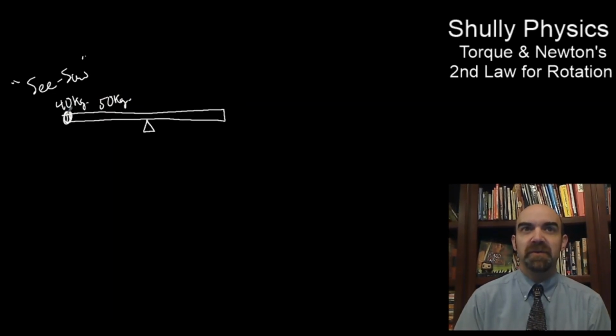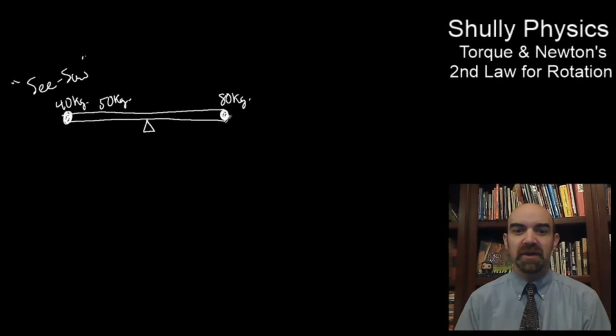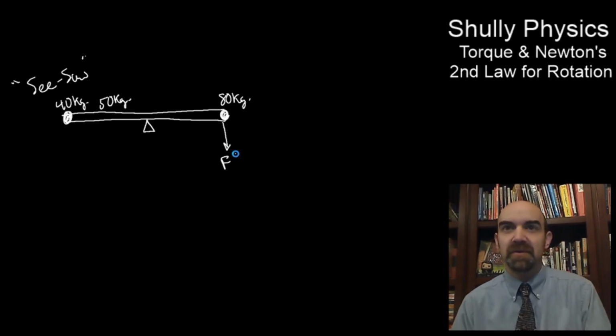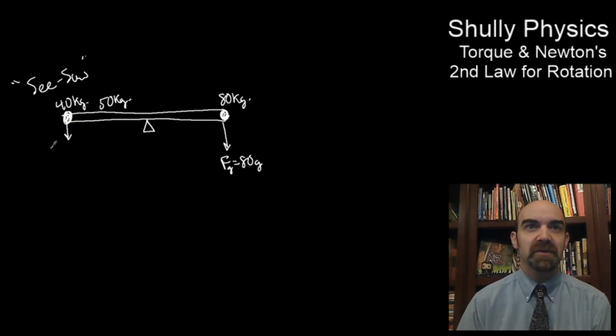So the 40 kilogram kid is way out here, and we have a large adult, let's say 80 kilograms, out on this side. Right. So what that gives us is a weight out here of 80 times 9.8. Let's say 80 g. And over here we've got a smaller weight of 40 times 9.8.